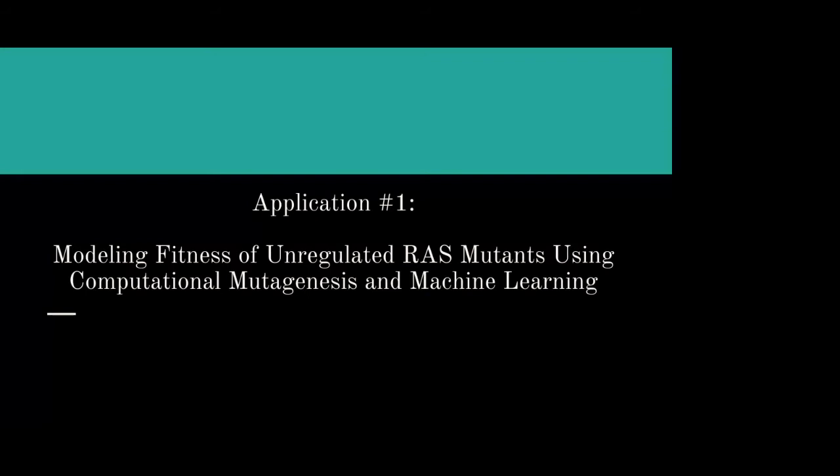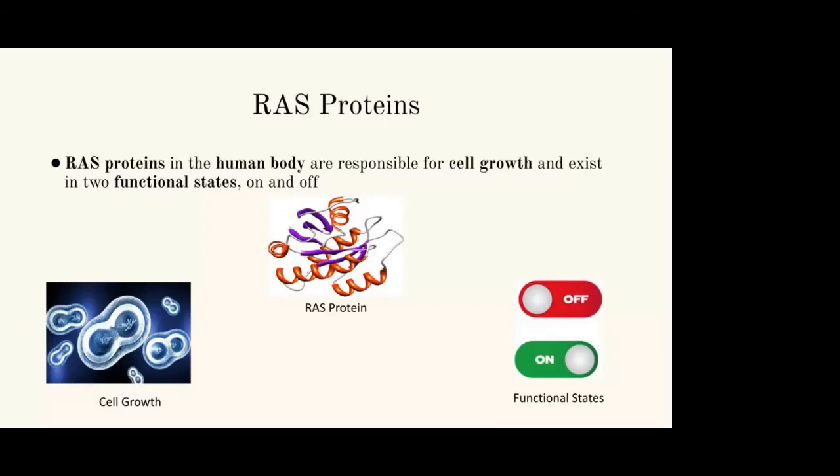Today I'm going to go over 4 different applications. The first one is modeling the fitness of unregulated RAS mutants using computational mutagenesis and machine learning. Just for some background information, RAS proteins are proteins in the human body that are responsible for cell growth, and they exist in 2 possible states, on and off.